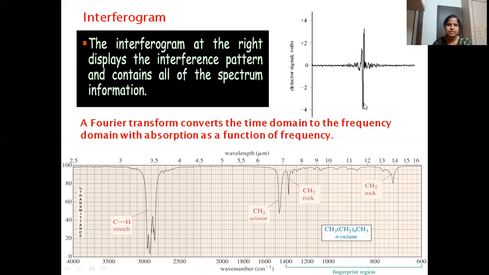The spectrum is converted to this type, which is frequency domain. Here you can see all the absorption bands are very clear and we can easily identify the structure of the compound. That is the main use of FTIR, where the time domain spectrum is converted into a frequency domain spectrum.